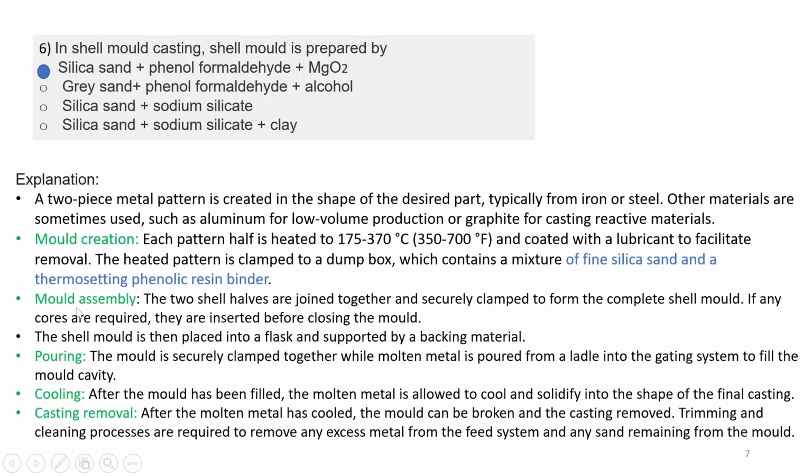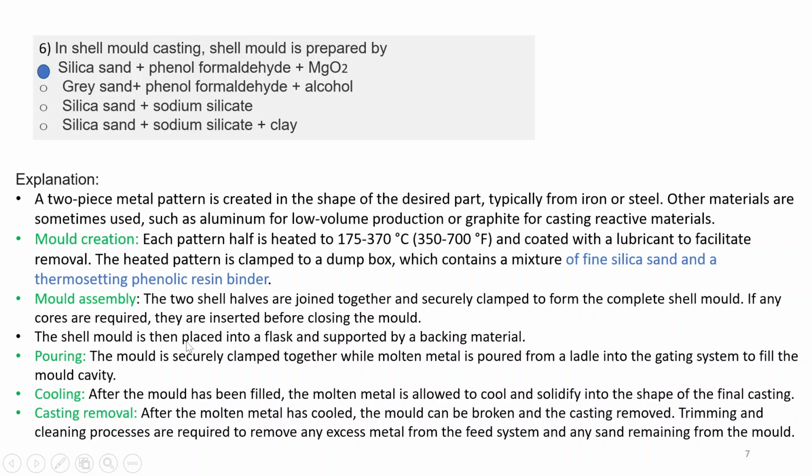Next is mold assembly. In this, the two shell halves are joined together and securely clamped to form the shell mold. If any cores are required, they are inserted before closing the mold.